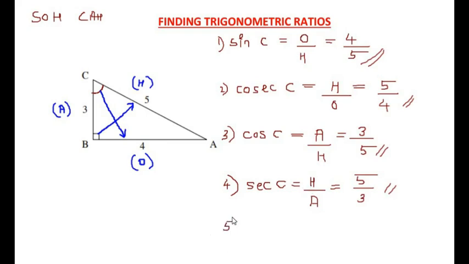Now the fifth one, which is TOA, tan. So tan C is equal to opposite over adjacent. So opposite here is 4 and adjacent here is 3.